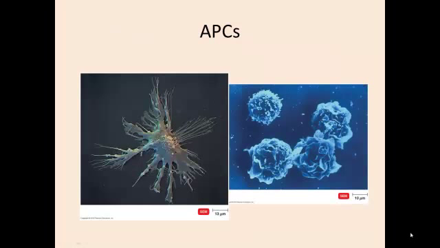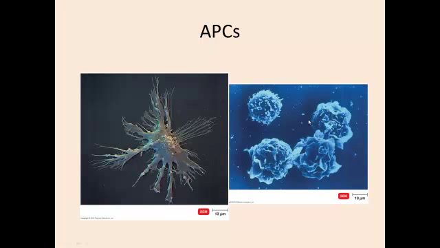Now let's talk about antigen-presenting cells. Antigen-presenting cells are any cell that phagocytizes. Remember in the last chapter when we talked about macrophages, here we've got a lovely dendritic cell. Isn't that a beautiful micrograph? Look at all those extensions just hanging out waiting to grab something and suck it on in.